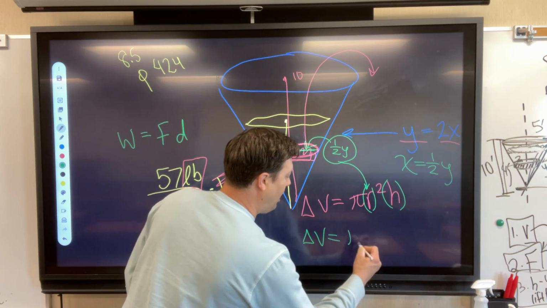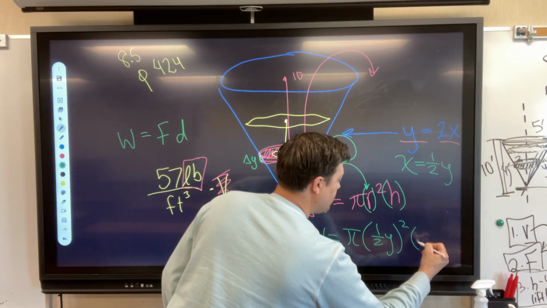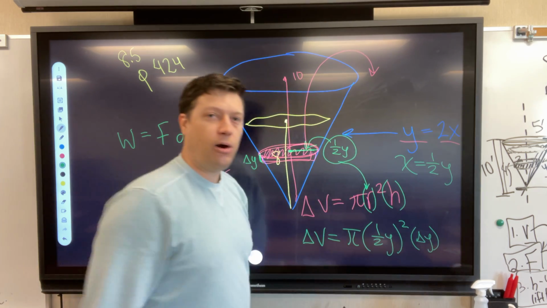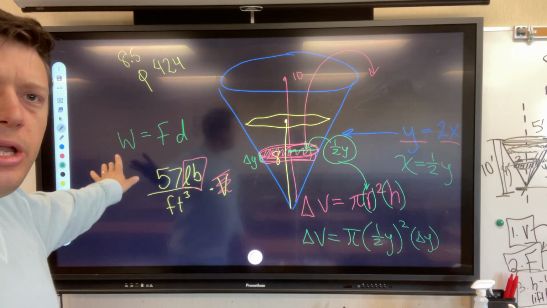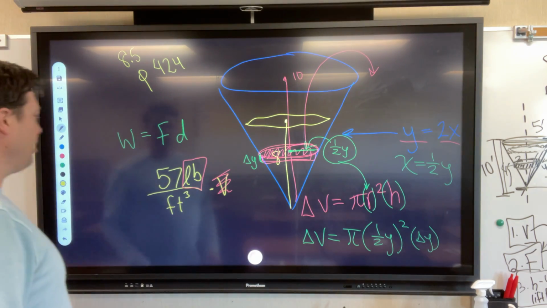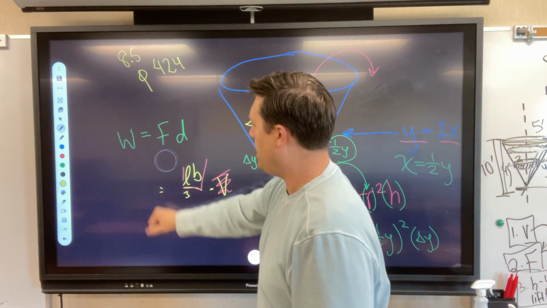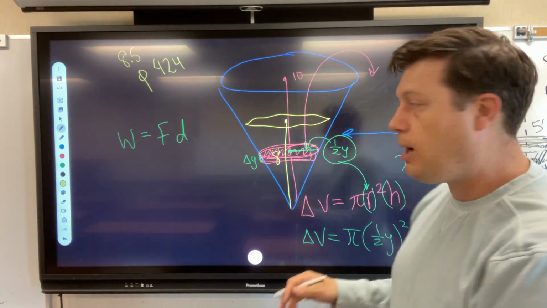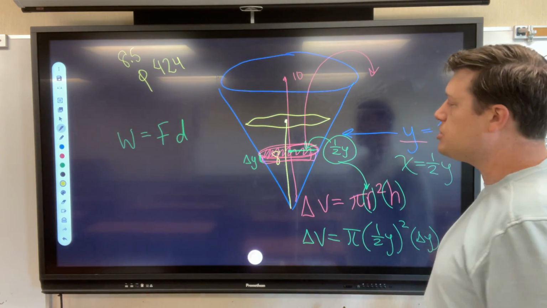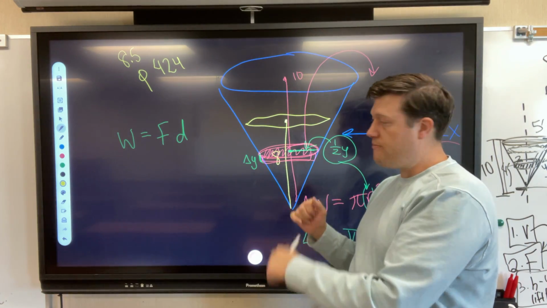But we still have pi, we still have the radius, it's still squared, and delta y is our rest of the formula. This formula here for work, in some sense, is like the overall amount of work to move the entire thing. But because our object is changing, because our object has different height values to it, the radius is going to be different depending on that value too.